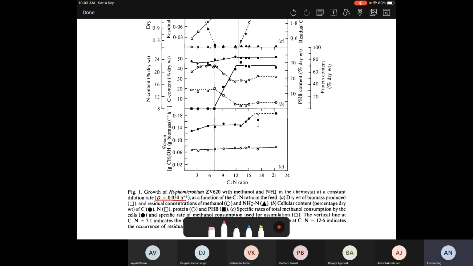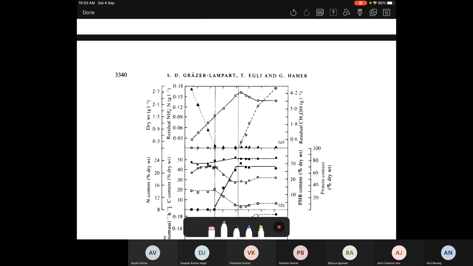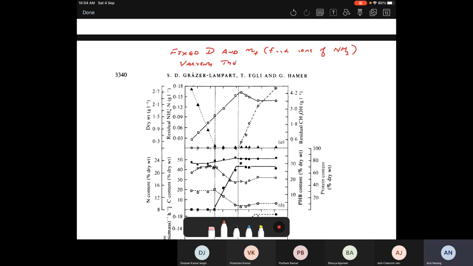And you have also fixed D and also I'll call N sub F the feed concentration of ammonia, which is the nitrogen source. So ammonia is typically provided as an ammonium salt. So that is also fixed. And what you are doing is you are varying the feed concentration of the carbon source, which in this case happens to be methanol.